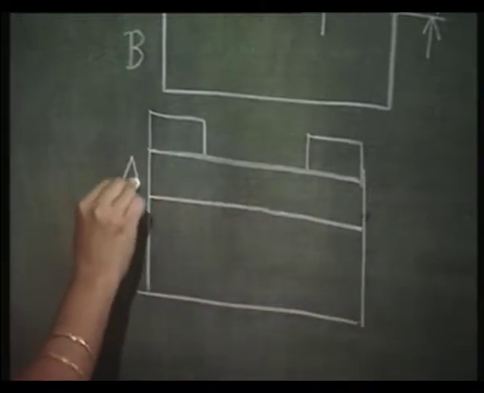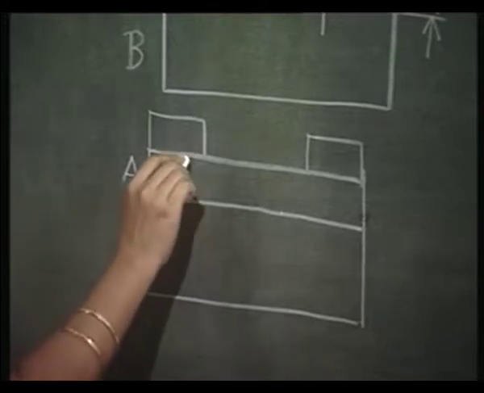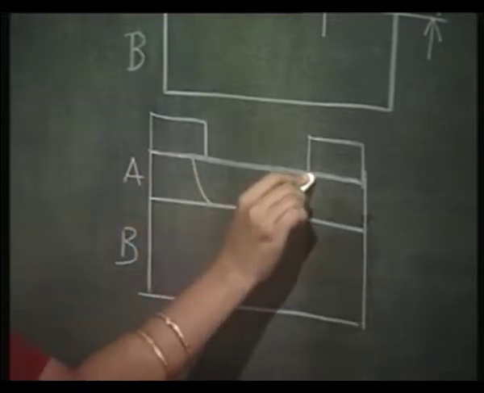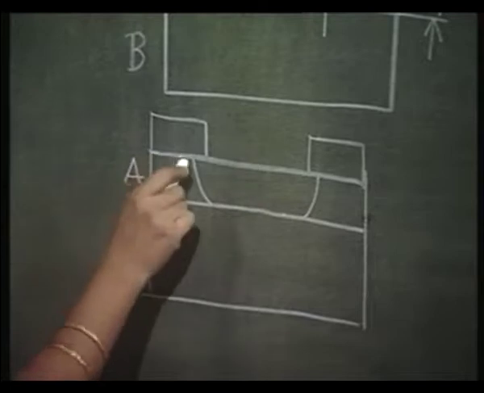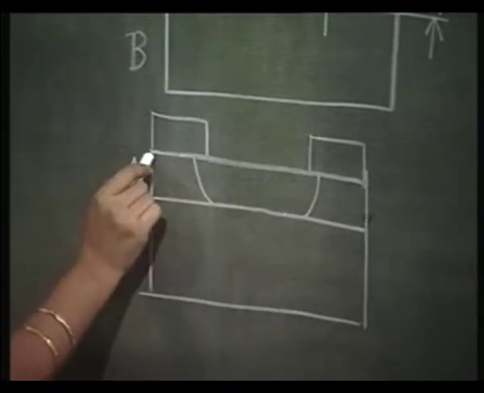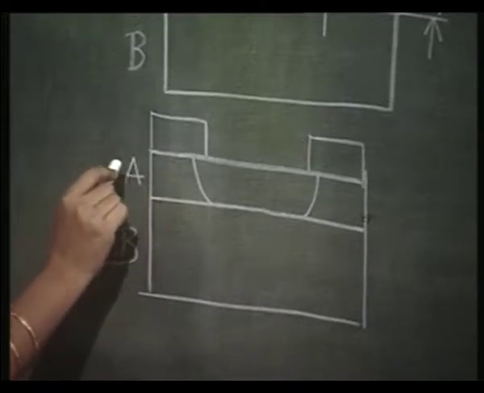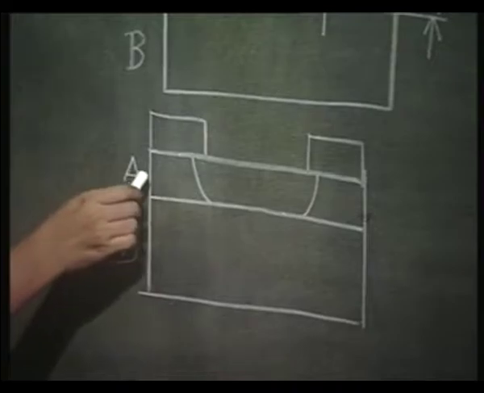Let us say this is my material A, this is my material B, then what I will have will be like this, and then since I have only the sidewall surfaces, etching will progress very fast on the sidewall, because now all the etchant solution is doing is etching the sidewall.